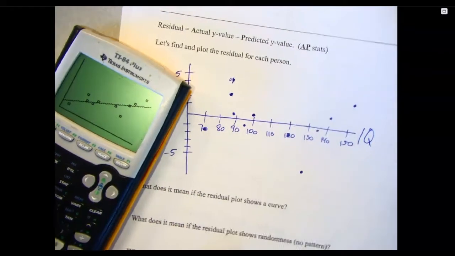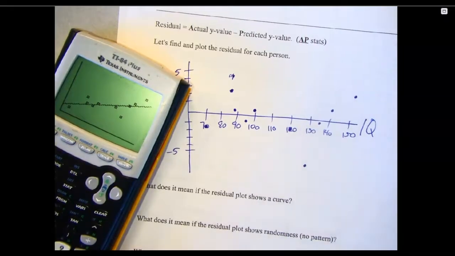It's kind of a quick way to check. Am I good to go on?